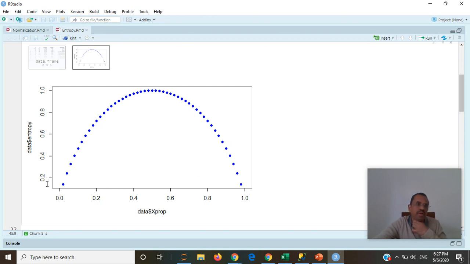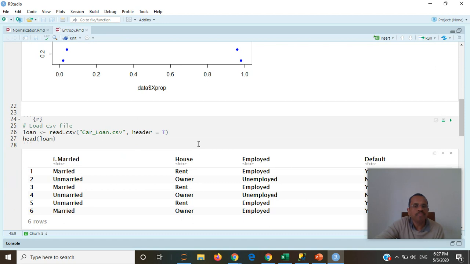And if the mixture is combined, that is a 50-50 mixture, then it is the most impure group, or entropy is 1, that is maximum entropy. Once we get clear about the idea of entropy or impurity, then the rest of the matter is very easy.